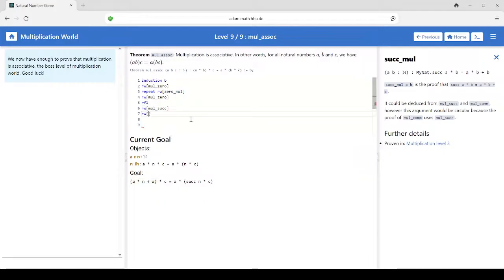What if we do that? So we've got plus C on this side and plus A on this side. So I don't see how we have any hope of trying to get the two sides to match with that.